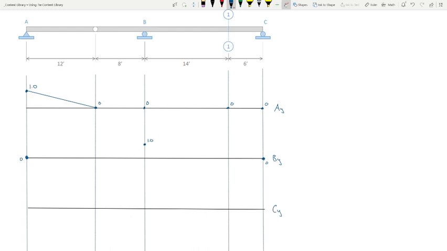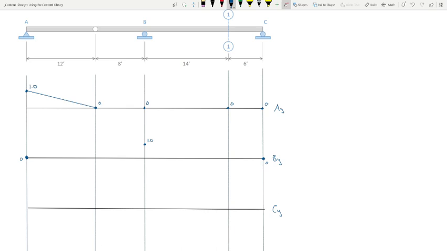Now, I remove from the structure the ability to resist the reaction at B, just like this. Let me stick that one back in there. And if I remove that, it just sort of flops down, right? I take point B and I lift it up some, and I get something that kind of looks like this, right?